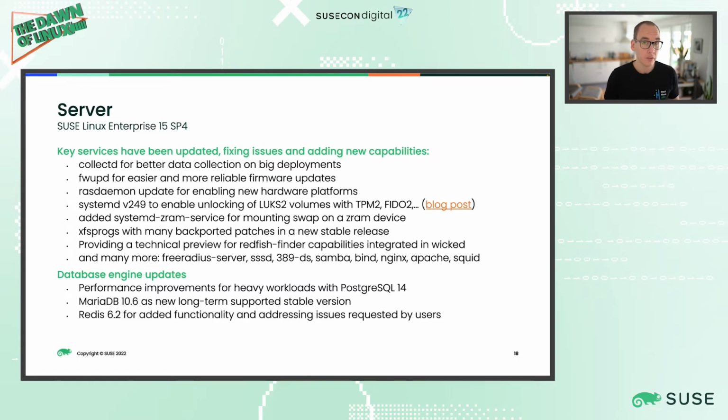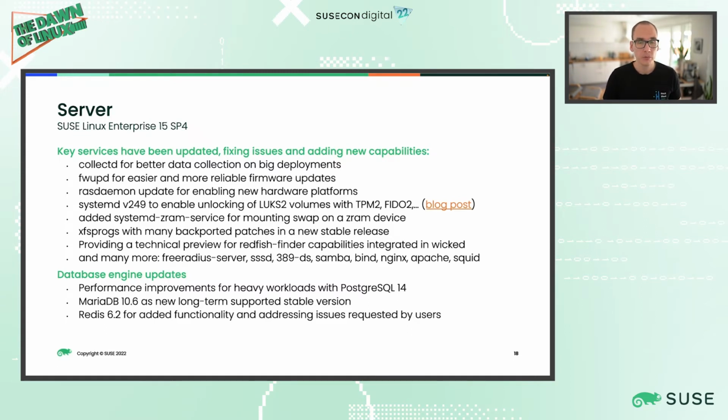We have updated systemd to version 249, which now enables unlocking LUKS2 volumes with TPM2, FIDO2, and other tools. If you're interested in that, there's a very good blog post by Lennart Poettering, which is linked in the slides. We have added the systemd zram service for mounting swap on a zram device.